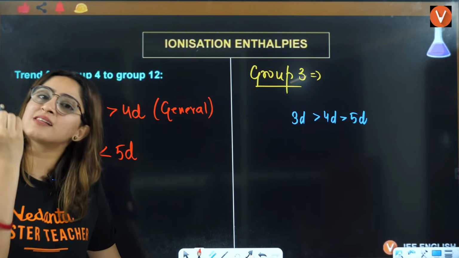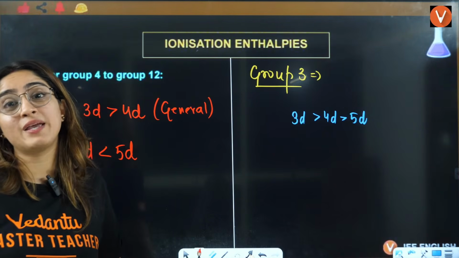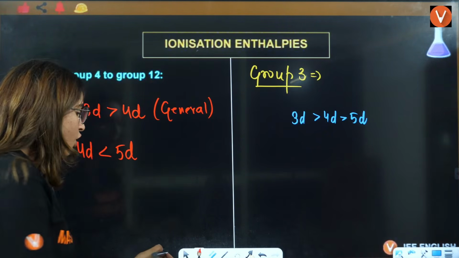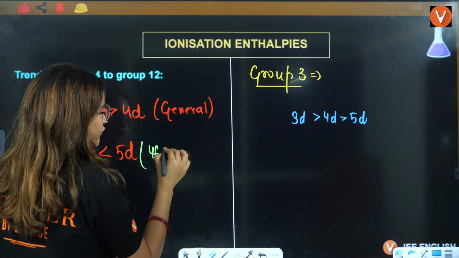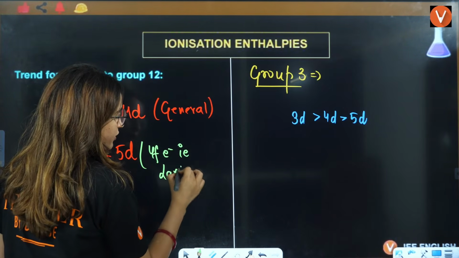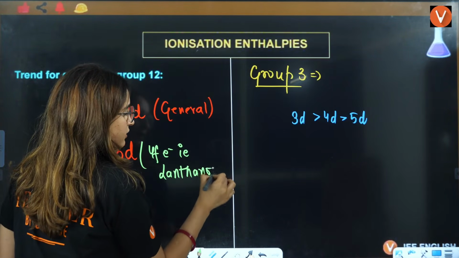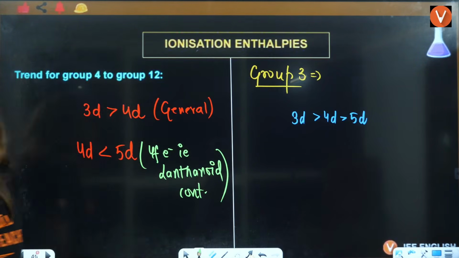That is the reason its ionization enthalpy has increased, because of the interference of 4f electrons. It means lanthanoid contraction. Students, tell me if that is clear to all of you or not.